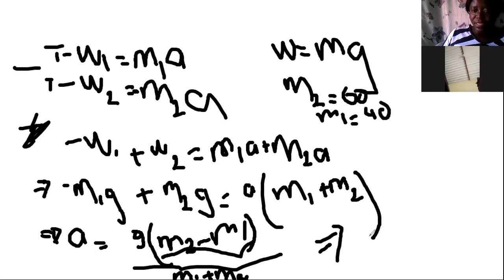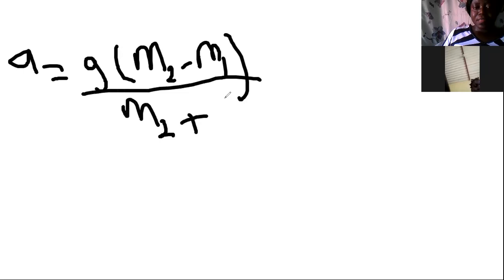So if we substitute these values in here, remember we had that our acceleration from the last equation is equal to the gravitational acceleration times M2 minus M1, divided by M2 plus M1.